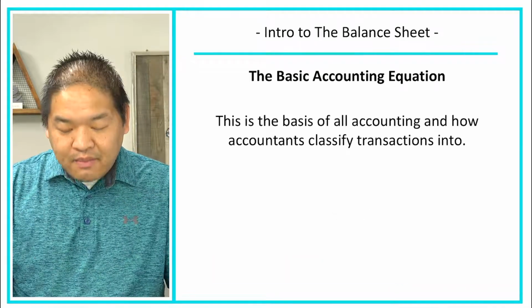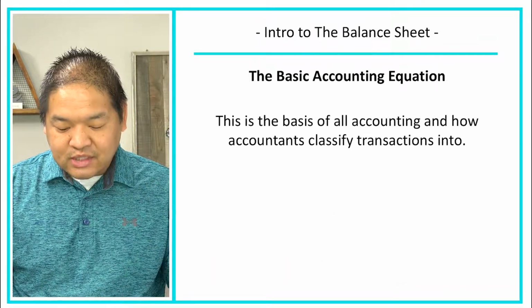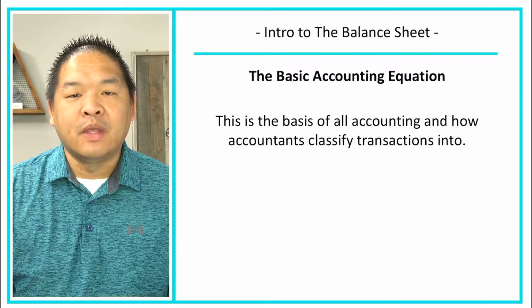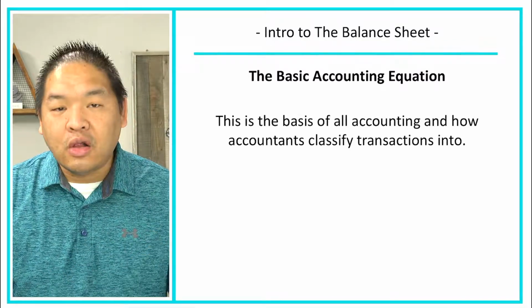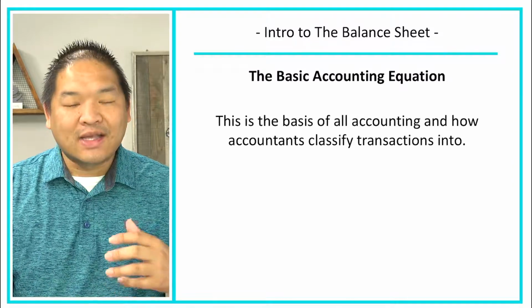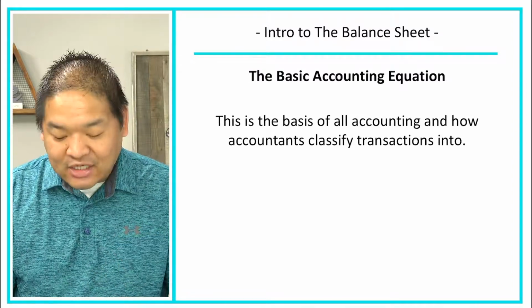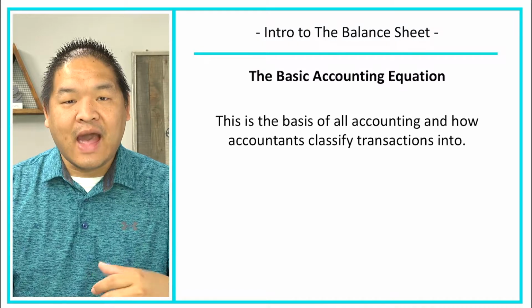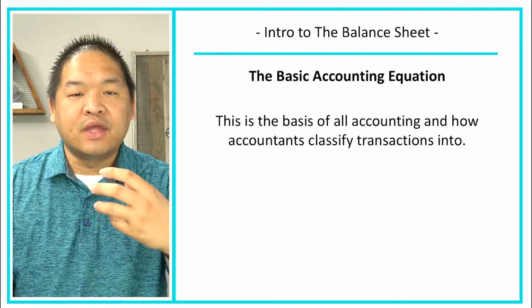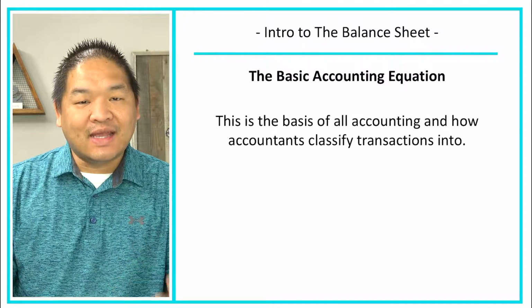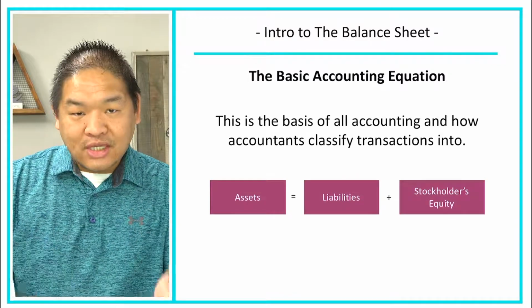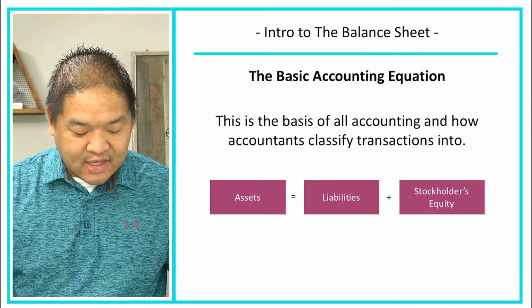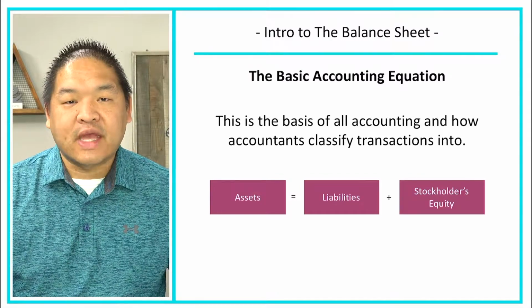So if you remember in the prior section, we talked about the basic accounting equation, and we said that the basic accounting equation is the basis for all of accounting and how accountants classify transactions into the actual books of the company. And so we said that the accounting equation is made up of assets, which equals our liabilities and stockholders' equity or owner's capital.